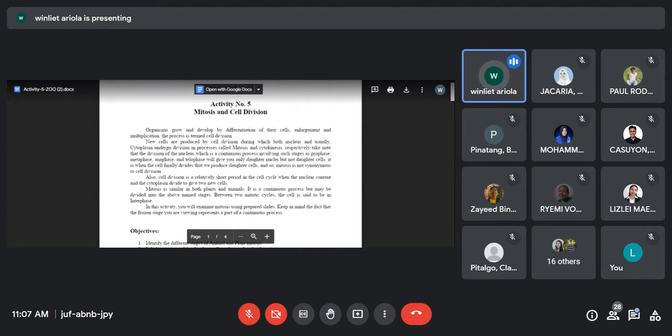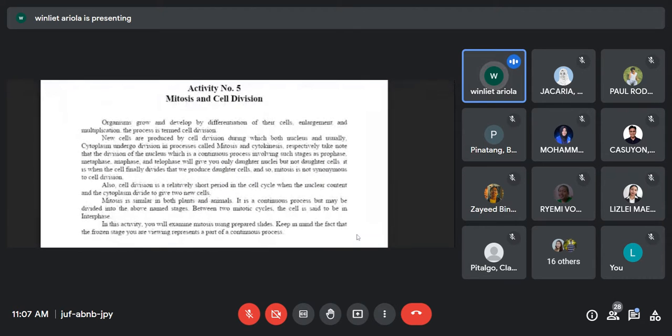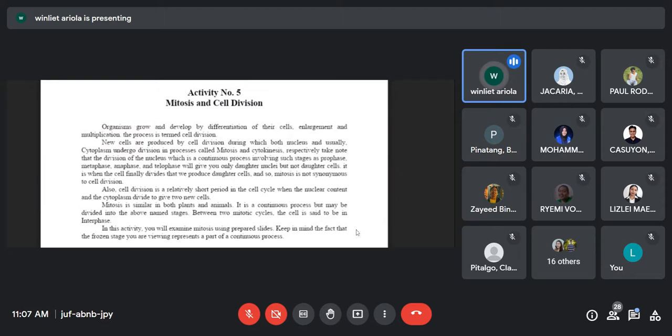Okay, activity number 5 is cell division, the mitosis and cell division. So dito, I want you to understand what is the difference of mitosis and cell division. Same ba sila?